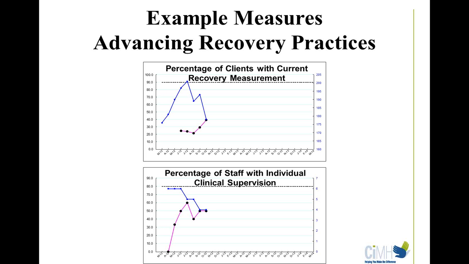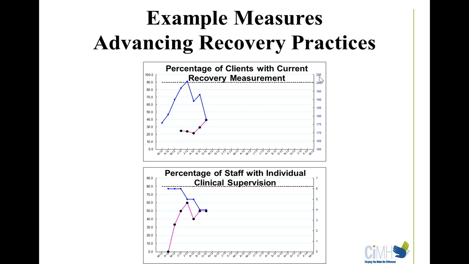And this particular team, you can see, started around 22% of their clients having a recovery measurement, but in the course of some change work they did, and this is July 12, August 12, September 12, you can see time plotted across the bottom, they're starting to make some headway and increasingly having clients with a current recovery measurement. And you can see the dotted line at the top shows where we'd like to be. So the team has a ways to go, but they're on their way.